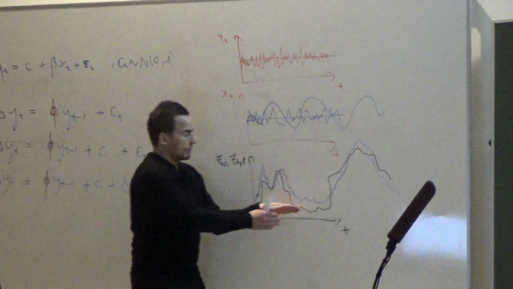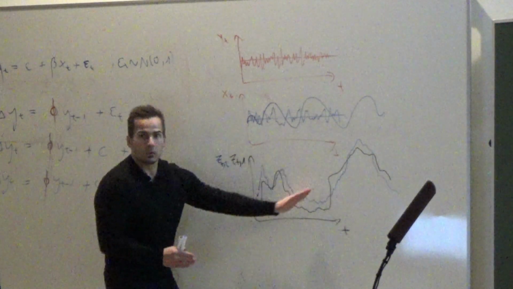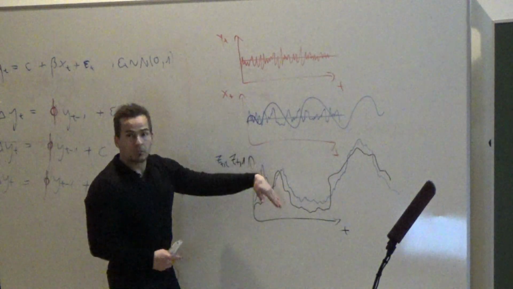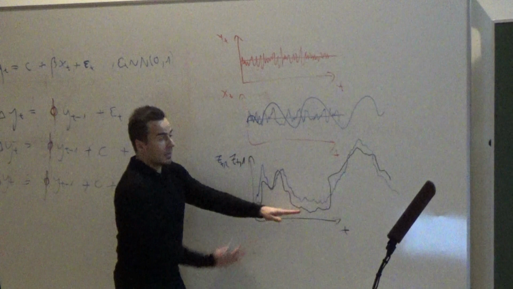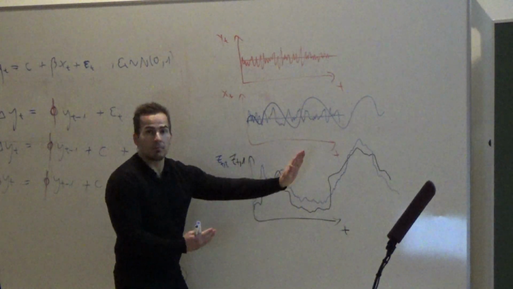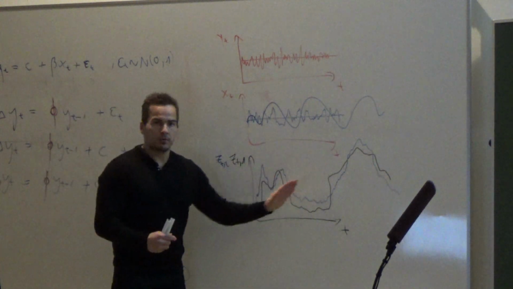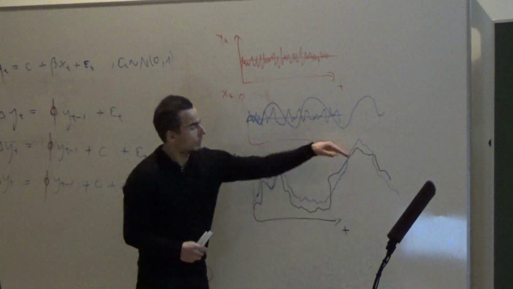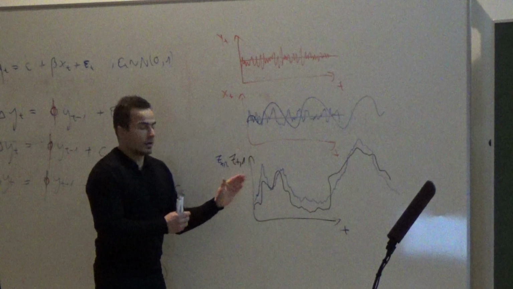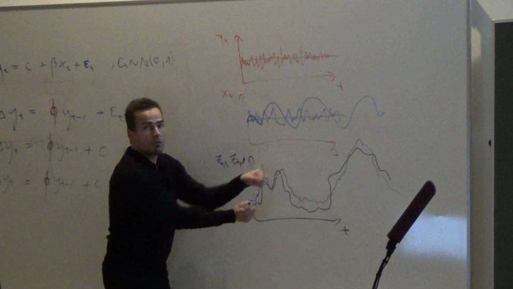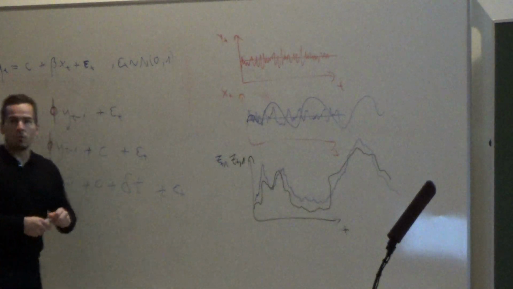When one moves down, it doesn't take much time, and the other one moves down as well. So they are co-integrated. They share a common stochastic component that ties these two time series together in the long run. That is the concept of co-integration.